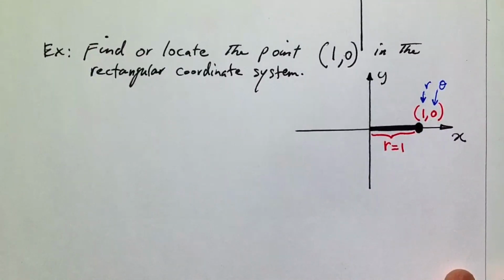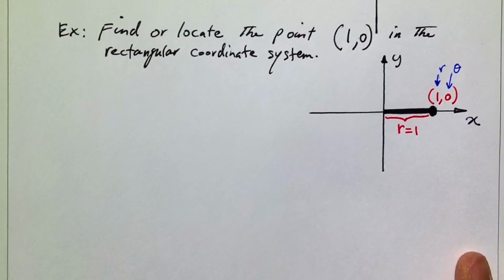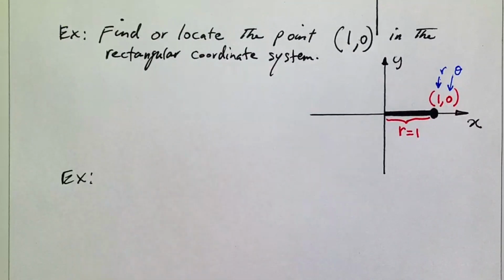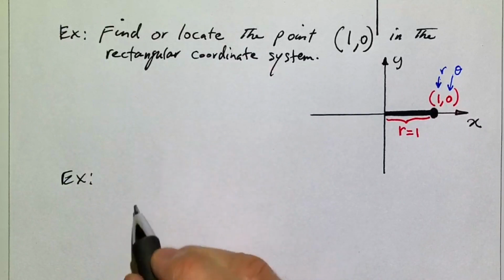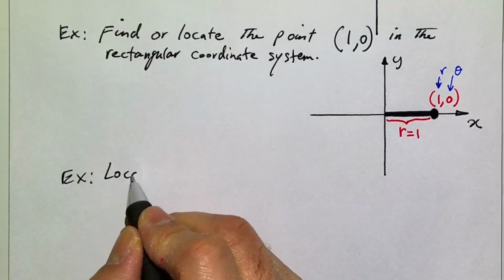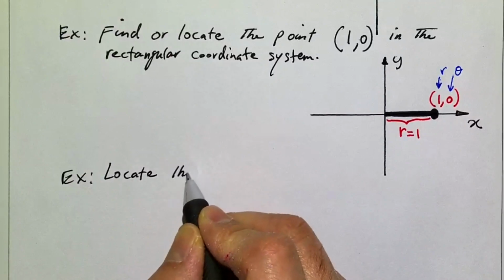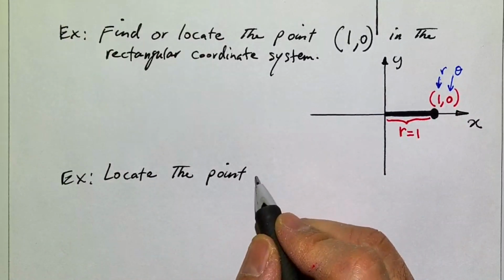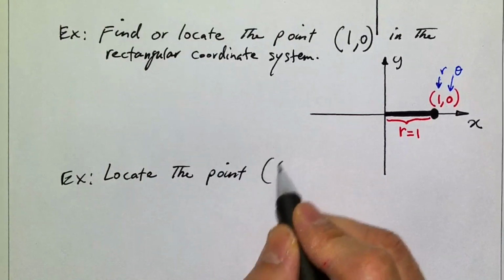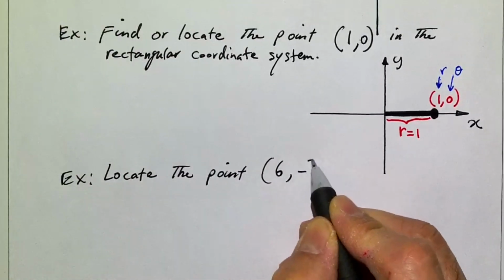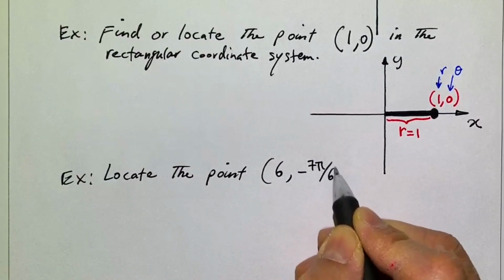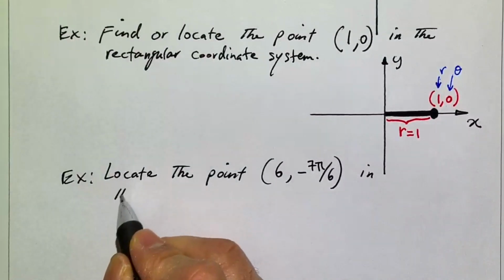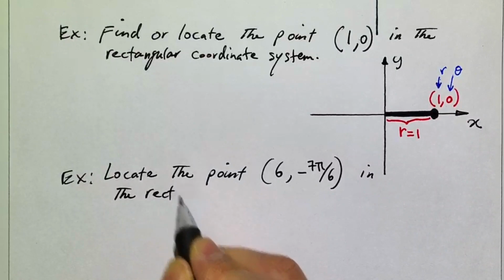So let's look at another, more interesting example. Suppose we want to find or locate the point, let's say, 6 and negative 7 pi over 6 in the rectangular coordinate system.